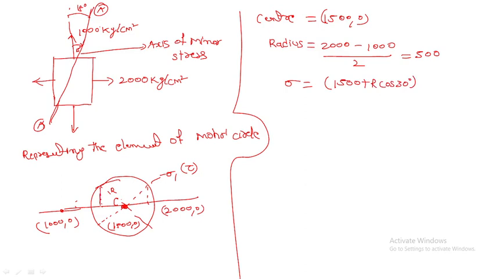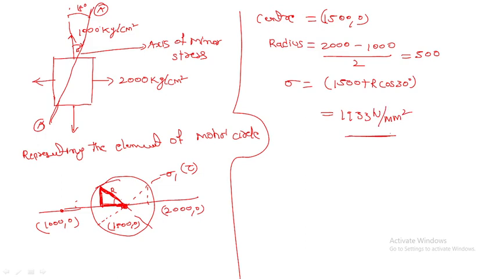I am taking this portion, you can see. Now I think you have a clear idea. After calculating this, the answer is 1933 Newton per mm square.